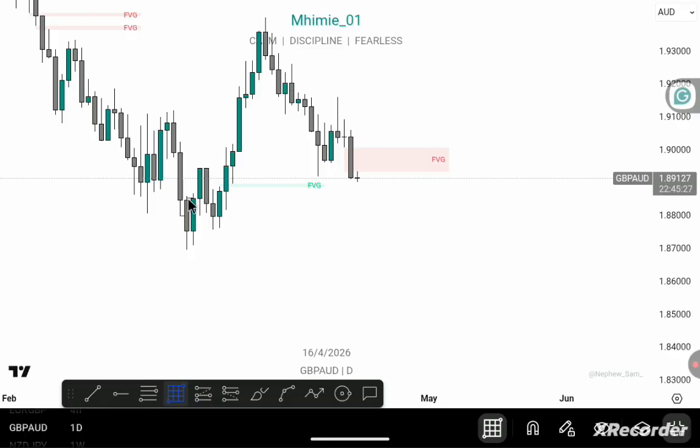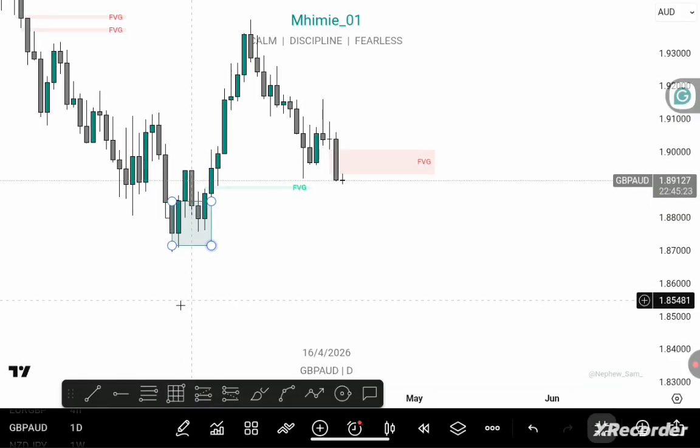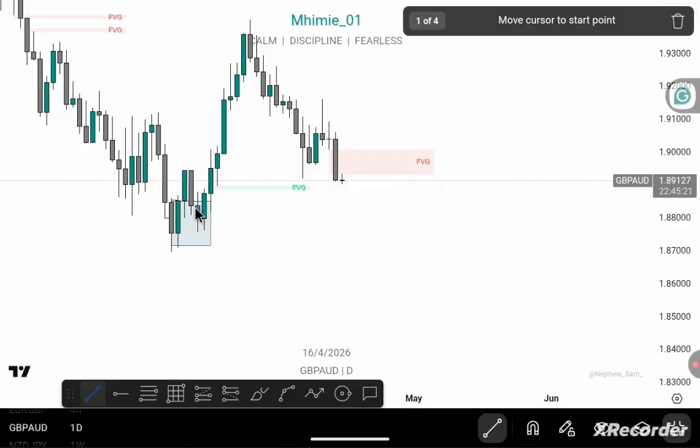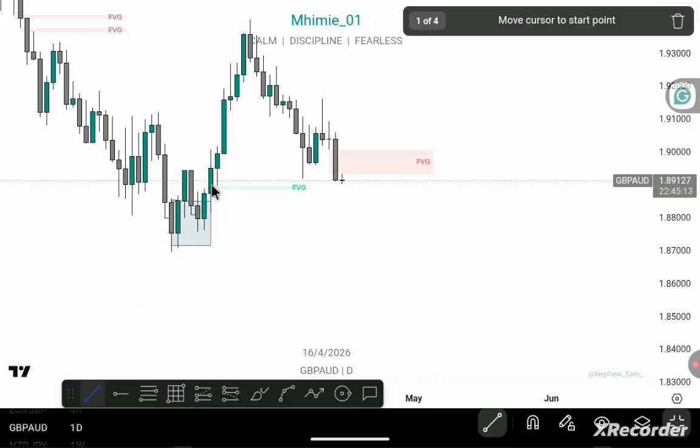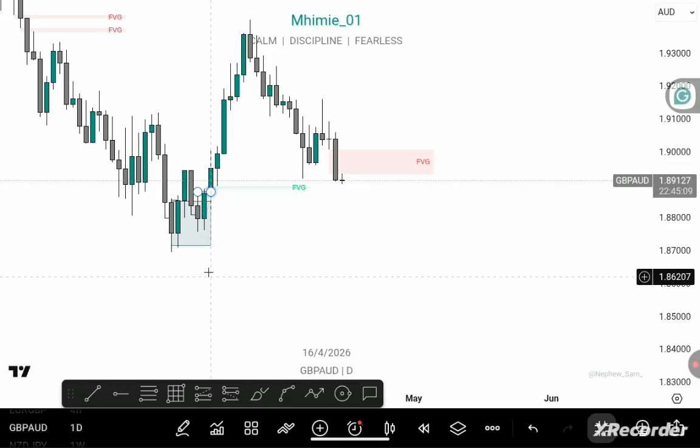Now price came back and mitigated the zone. Do you understand me? Now seeing that happen, price repeated the same thing. This was the last candle that dipped into our key level, and after which price gave us a change in state of delivery, a change of character.